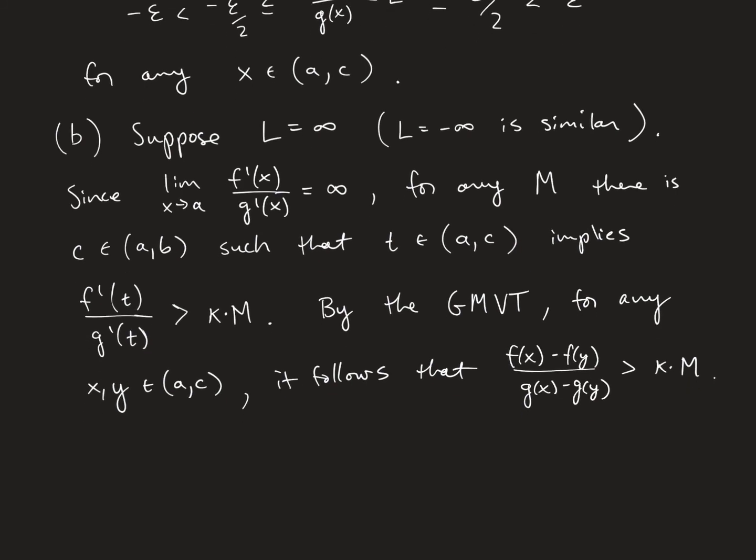So again, let y go to a and obtain f of x over g of x is bigger than or equal to our multiple of m. And so if we just take this k to be 2, that's strictly bigger than m then.